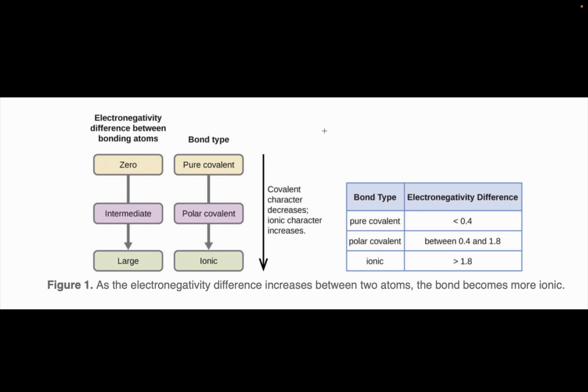Bonds in compounds form a spectrum from purely covalent to mostly covalent but a little ionic, to mostly ionic but a little covalent, to purely ionic. And that's measured by the difference in electronegativity between those two atoms.